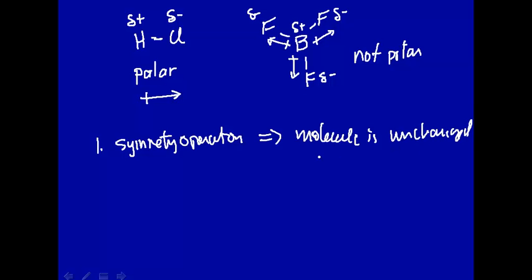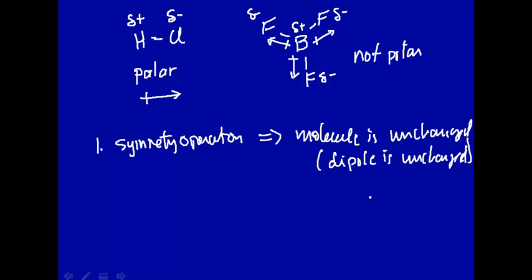And what you mean by unchanged also is that the dipole moment is unchanged. Now recall the dipole moment is a vector, so even if we have the same length of the dipole but it points in a different direction, then the dipole moment is changed. So a symmetry operation means the molecule is unchanged. It also implies that the dipole moment is unchanged.